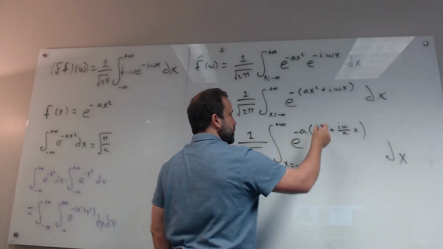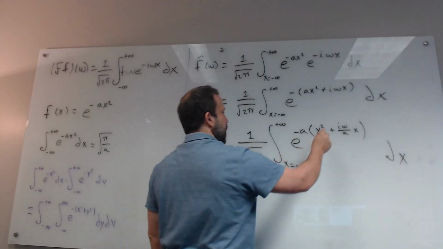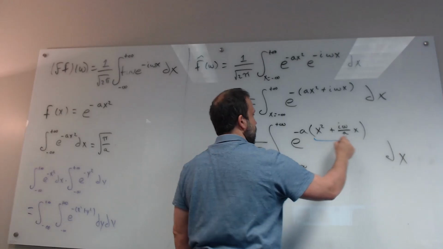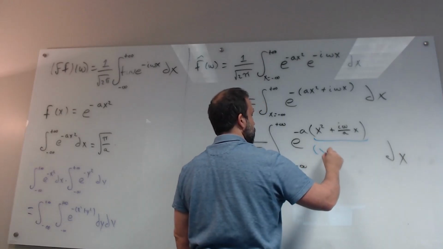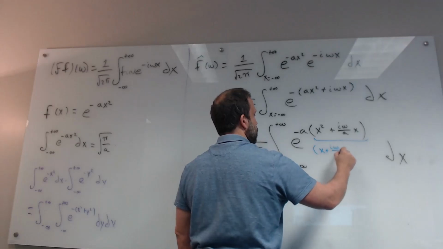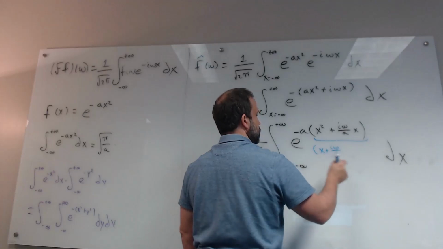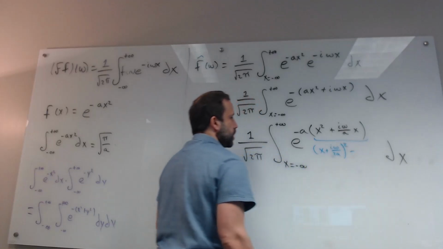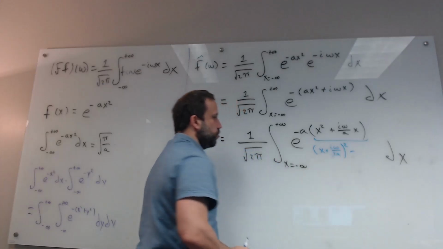And so what this is going to become, I have x squared plus i omega over a. I'm just going to write down what this is equal to by completing the square. It's going to be x plus i omega over 2a, squared. Then it's going to be minus i omega over 2a squared.